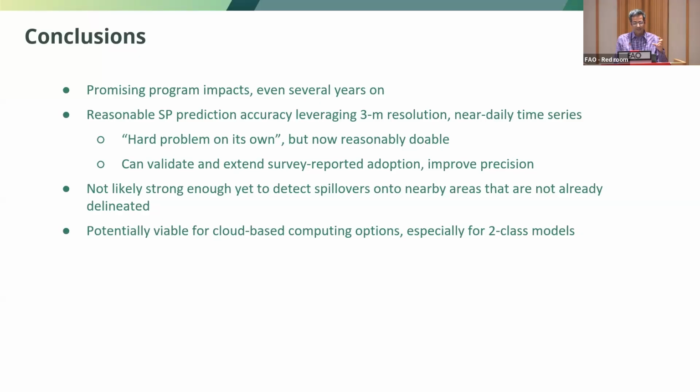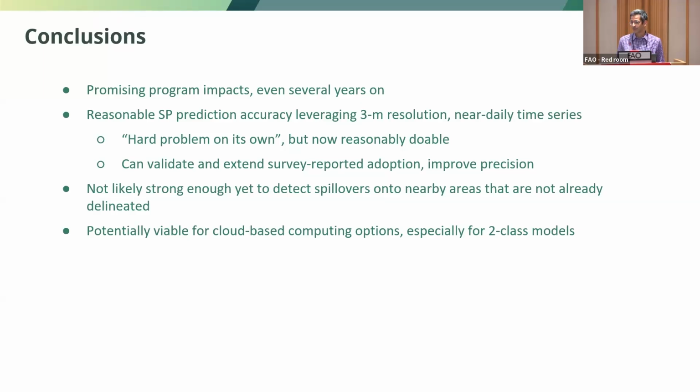We did not continue to run the spillover analysis that we had initially intended, partially because that 70-ish% accuracy is probably good enough for direct outcome measurement on fields that are well delineated. But when we go to look at other nearby fields, we have no data on the field delineations and other kind of baseline characteristics.